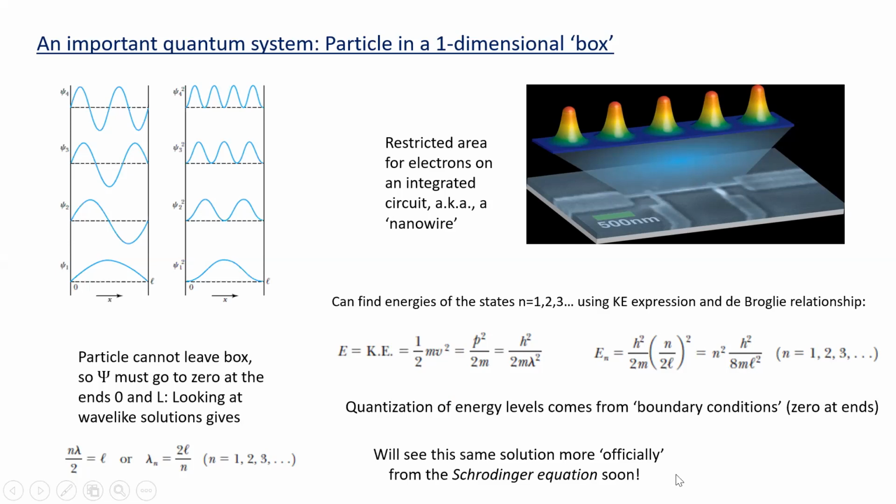So in conclusion, we've introduced the idea of the wave function and the interpretation of the square of the wave function as the probability of finding a particle in a given time and place.